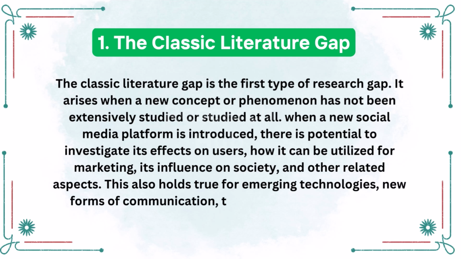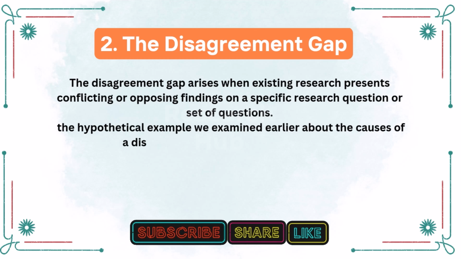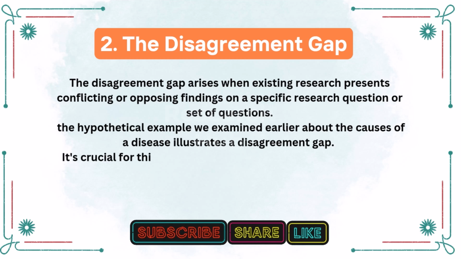2. The disagreement gap. As the name suggests, the disagreement gap emerges when there are contrasting or contradictory findings in the existing research regarding a specific research question, or set of questions. The hypothetical example we looked at earlier regarding the causes of a disease reflects a disagreement gap.